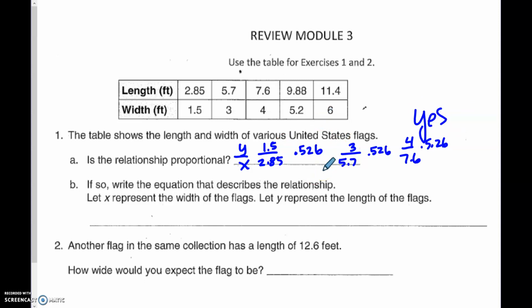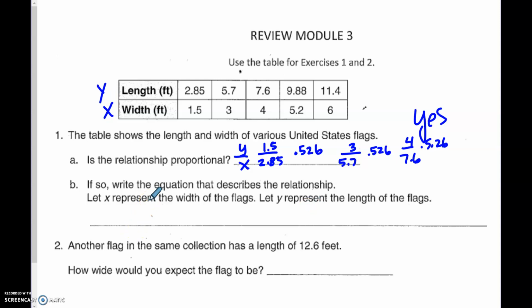If so, write the relationship where x is the width. So actually, all of my numbers are backwards because they want x to be the width and y to be the length of the flag. So I should have really done 2.85 divided by 1.5, but I would not have known that until I got down to part B. So it doesn't really matter.